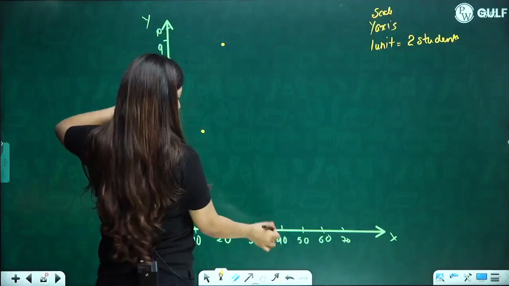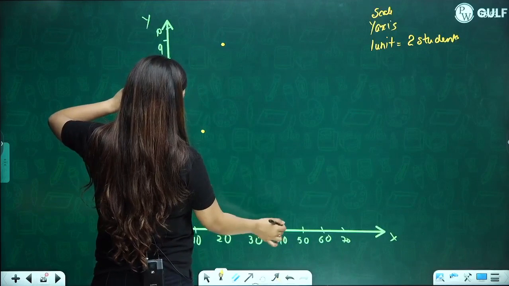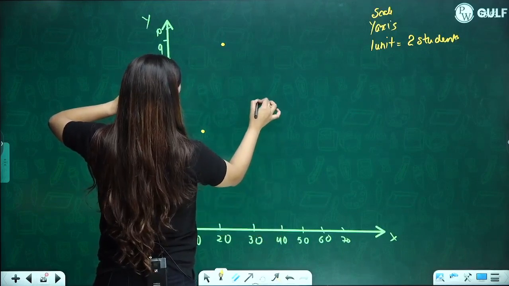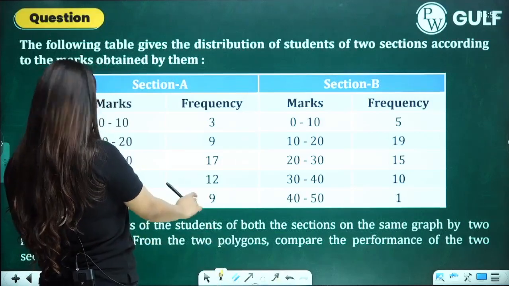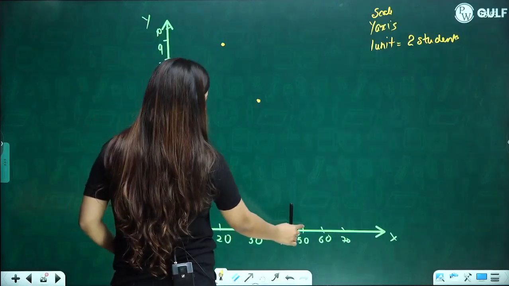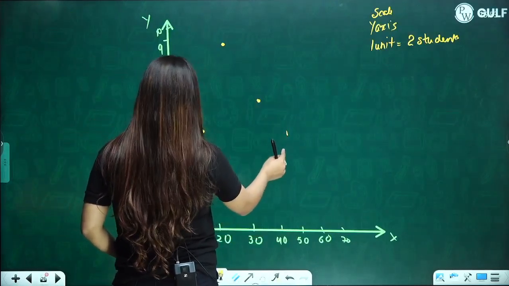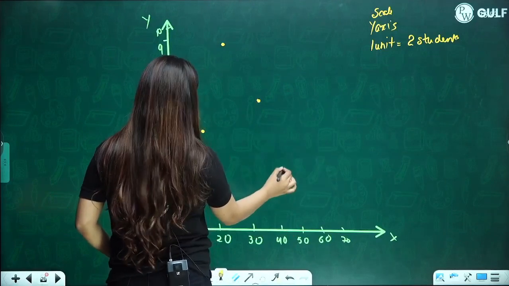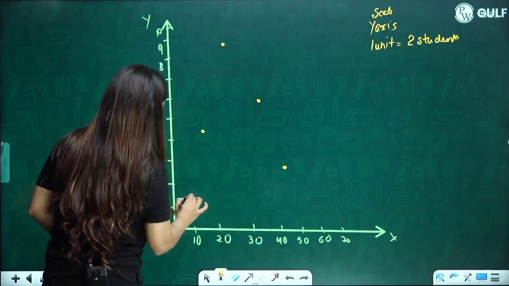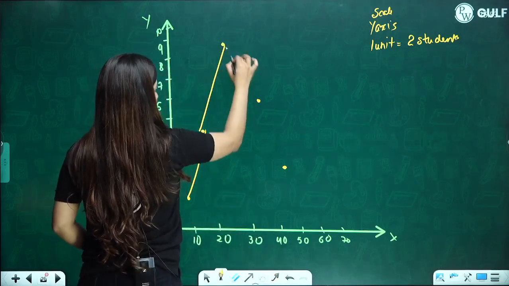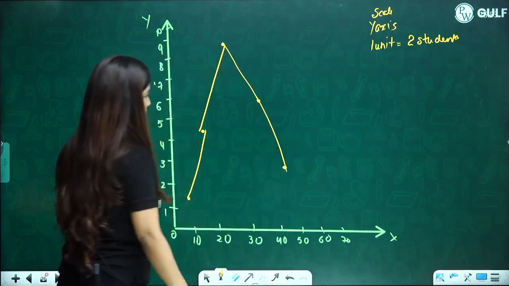At 6 we will have 12, from 30 to 40, and then from 40 to 50, in between will give you 9, that is 3. Now what you have to do is just join them with the free hand. Join, join, join, join.